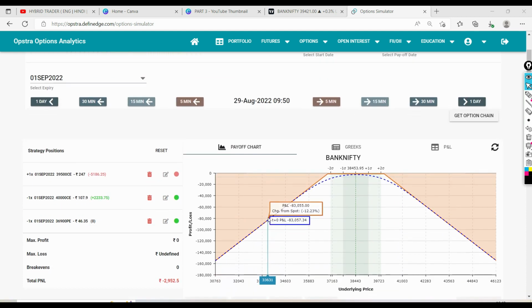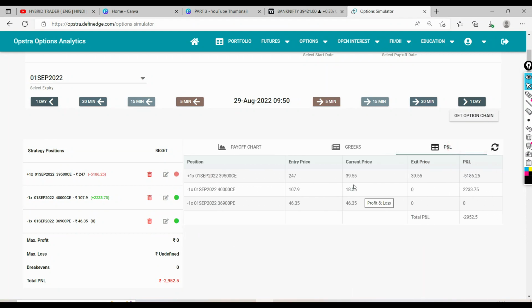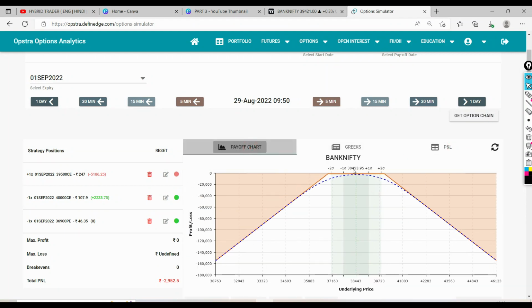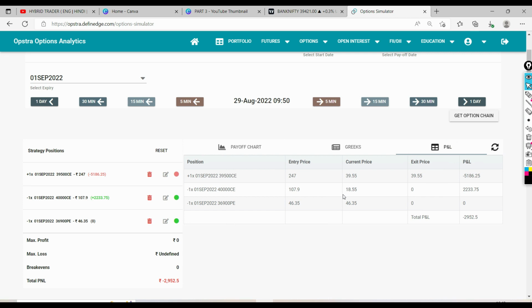Now I will not do delta management because I have a huge range. I'll just look out for this payoff so that it does not get imbalanced. If I look at the premium, the way we did last time, there is already a huge deviation.